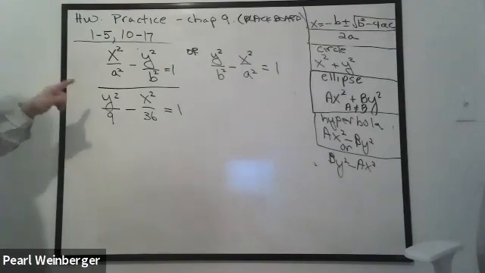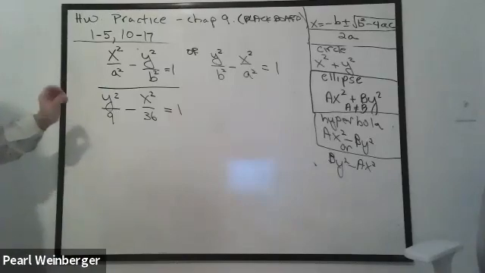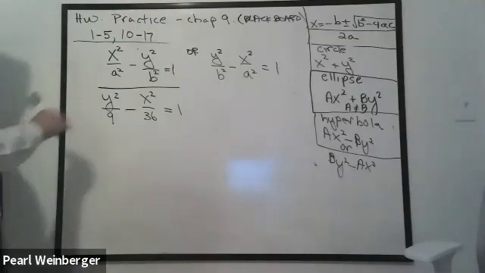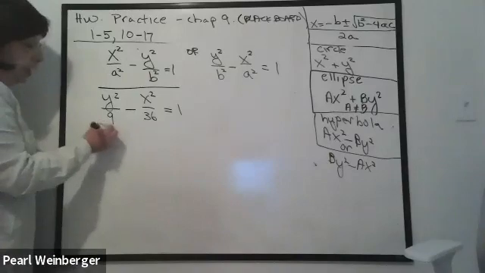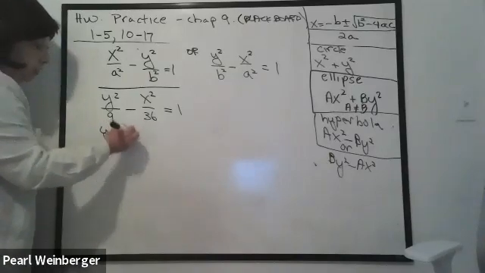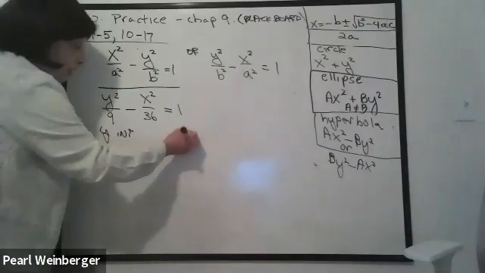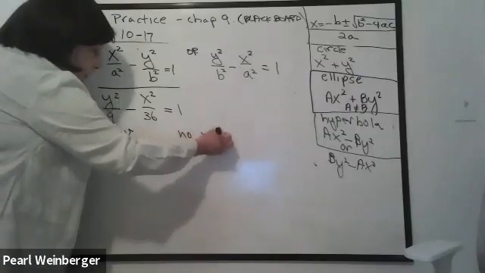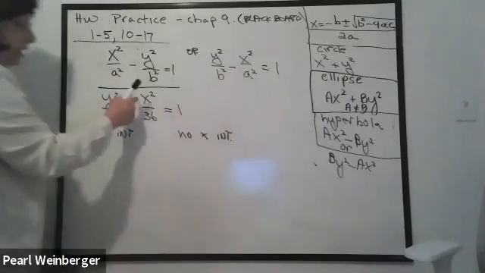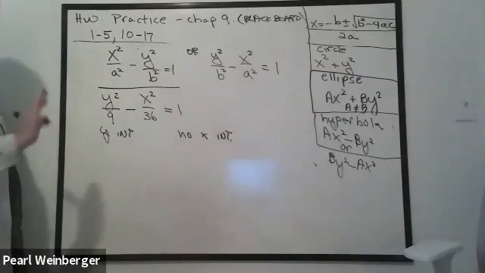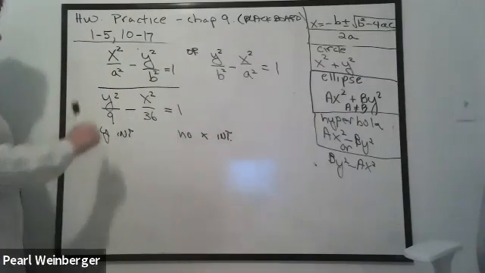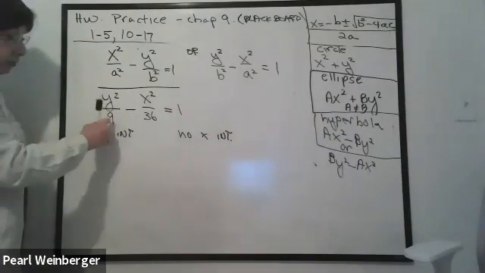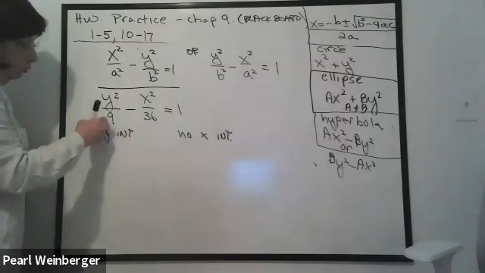In this case, it's the y squared that's positive, which means that we will get y-intercepts, but no x-intercepts. Because the x squared is negative, we can't solve it to get an x-intercept. How do we find the y-intercepts? Well, again, we do what we did before.